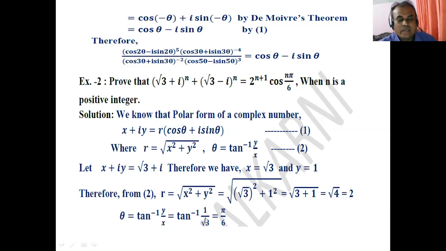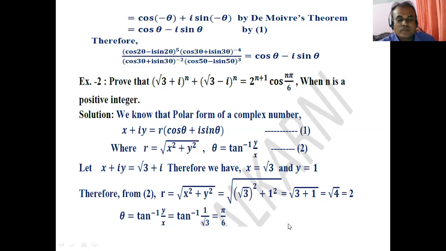Now we know the trigonometric formula from the 30, 60, 90-degree triangle. The side opposite the 30-degree angle is 1, the hypotenuse is 2, and the next side is root 3, and therefore this angle is pi by 6.